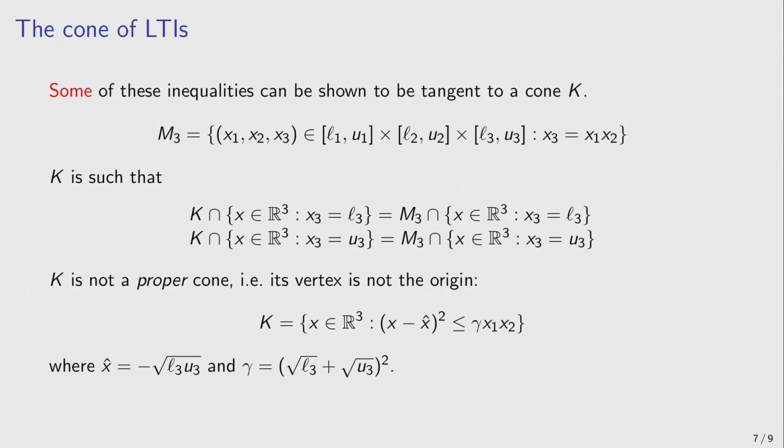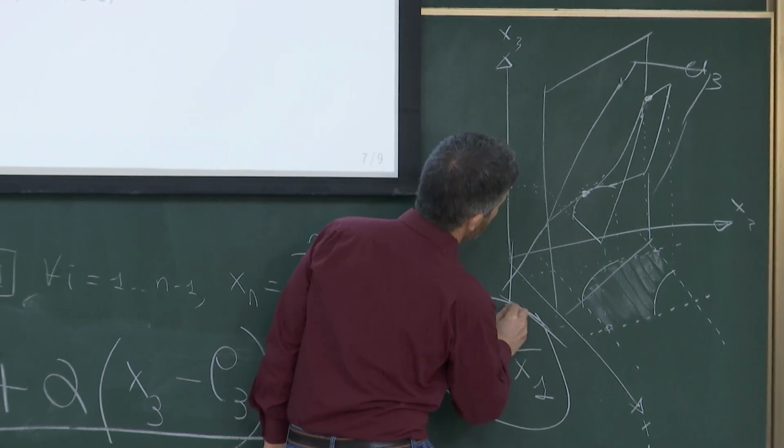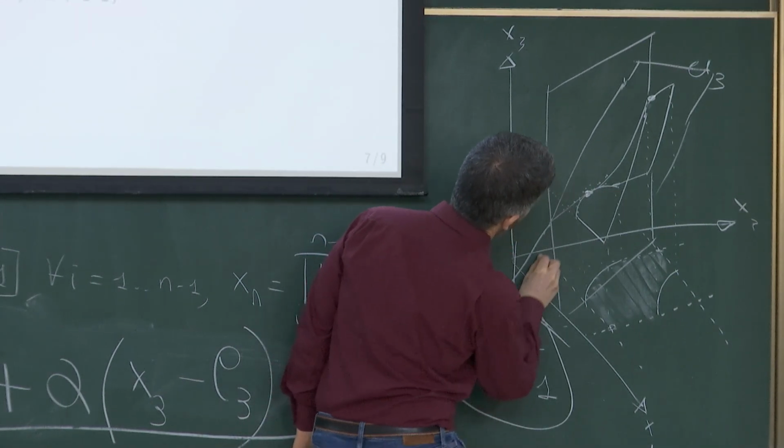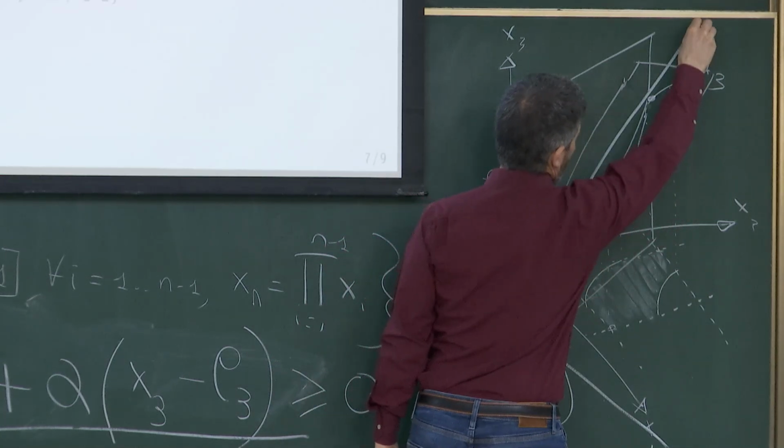This is another point. This other value is negative square root of L3 times U3. So what you get is that all of these form a cone that has vertex here, and it's a cone that looks like this.